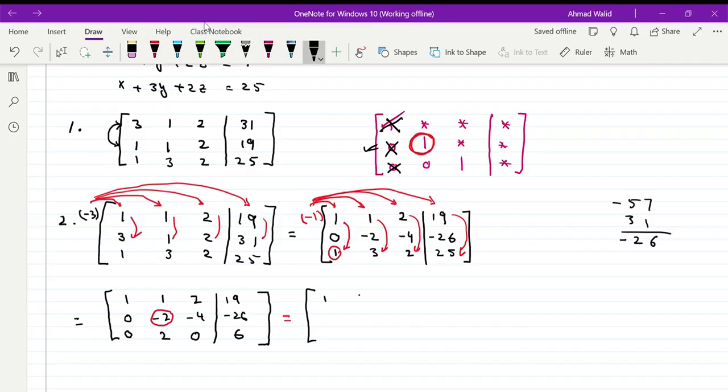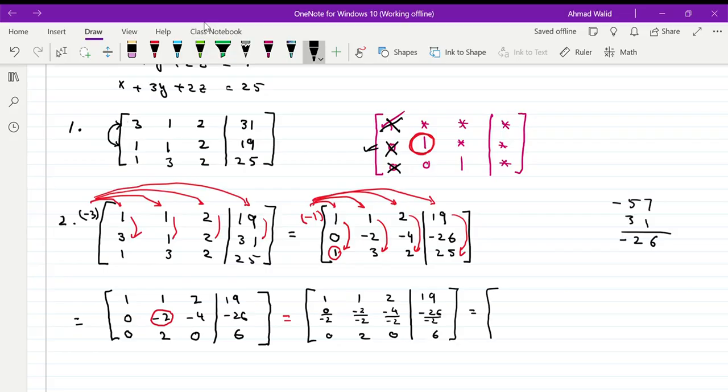I'll copy my row 1: 1, 1, 2, 19, and I'll divide my row 2 by negative 2. Let me write it down because you want to follow this video. 0 over negative 2, negative 2 over negative 2, negative 4 over negative 2, negative 26 over negative 2, and copy your row 3, which is 0, 2, 0, 6, and simplify.